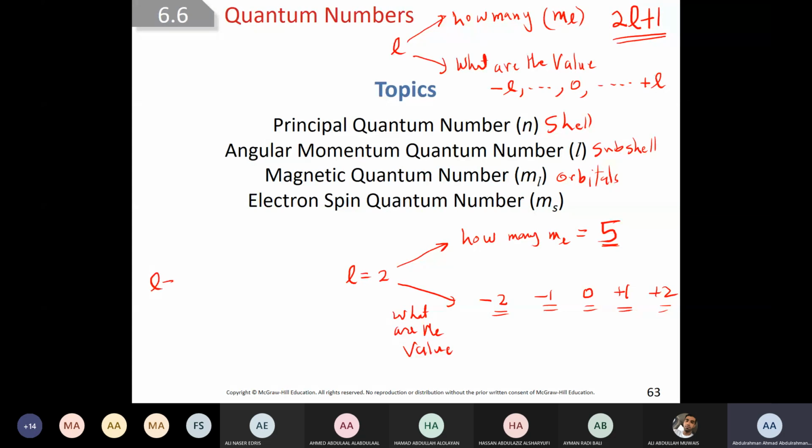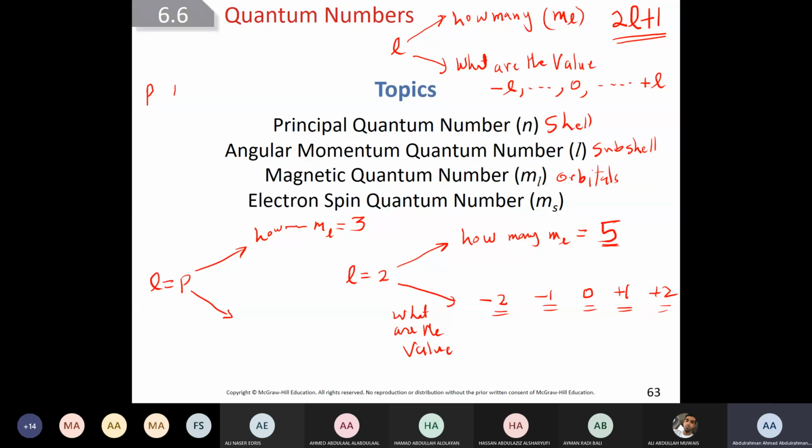If L is equal to P, then how many ml? 2 times P plus 1. Yeah, give me numbers. 3. Yes, the answer is 3. Why did you say 3? P is 1. Exactly. And that's why 2 times 1 plus 1 is 3.